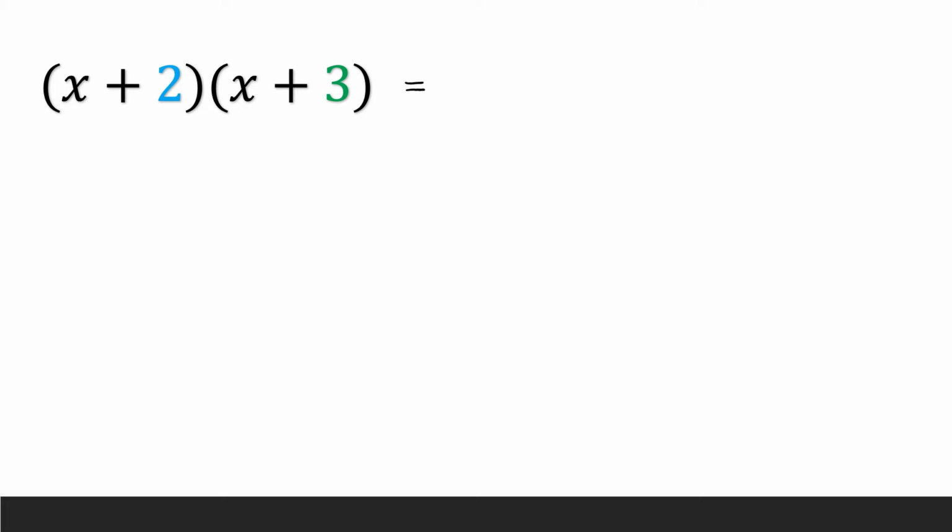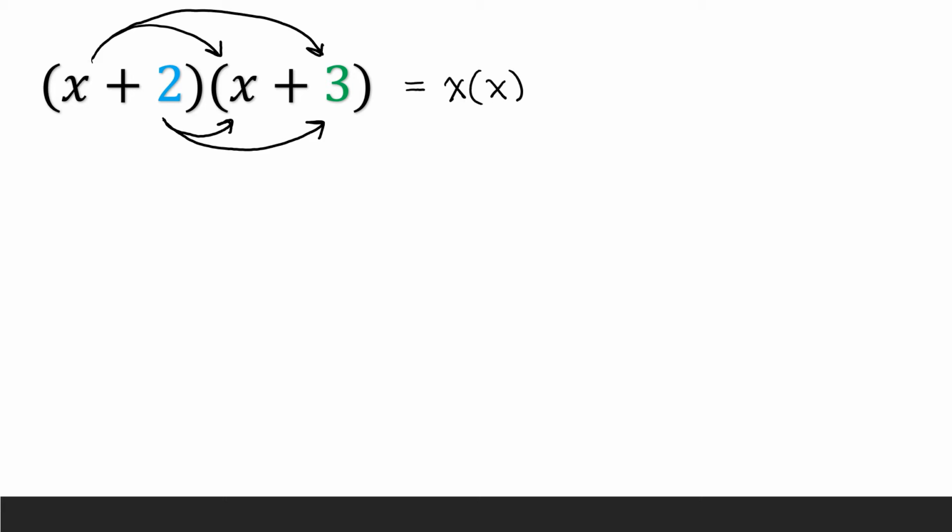If we expand this expression, we'll have to distribute the x to each term in the second binomial and distribute the 2 to each term in the second binomial. So we have x times x plus x times 3 plus 2 times x plus 2 times 3.